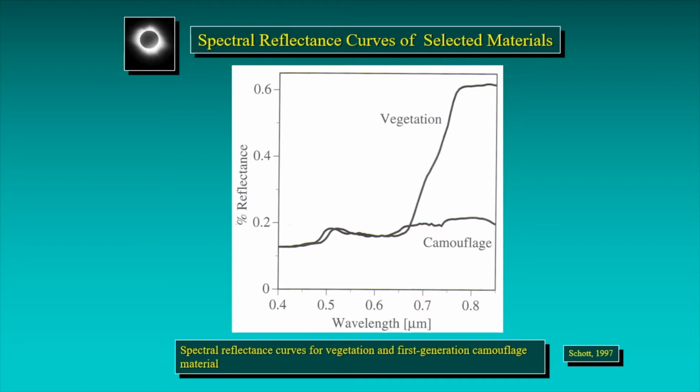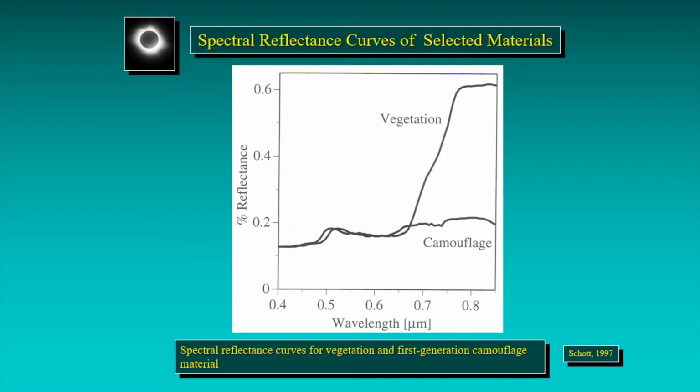So we have a reflectance peak in the green portion of the spectrum, and more absorption in the blue and the red, just like healthy green vegetation has. But again, this first-gen camouflage did not replicate the reflectance characteristics of healthy vegetation in the near infrared well. So if we wanted to detect this type of camouflage, one would opt for a sensor that had sensitivity in the near infrared portion of the spectrum.